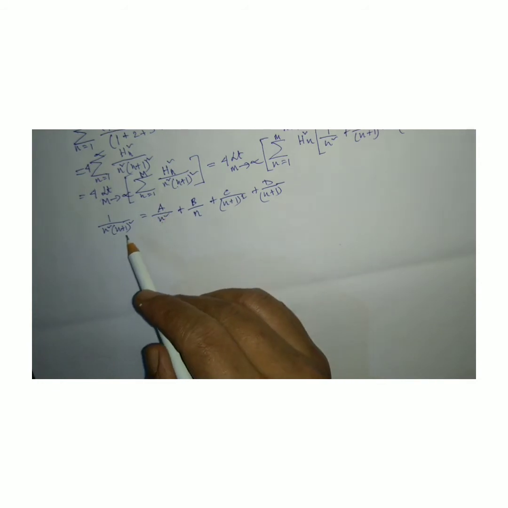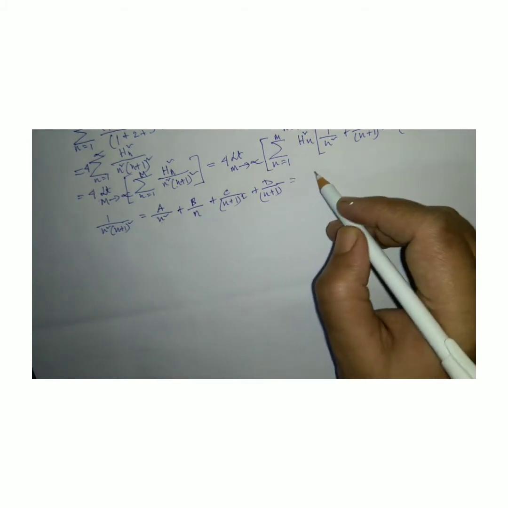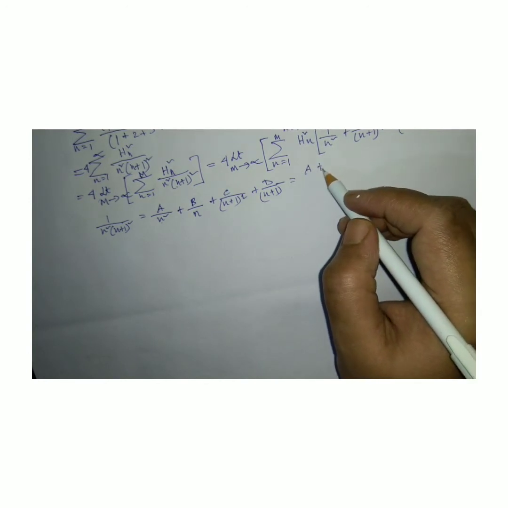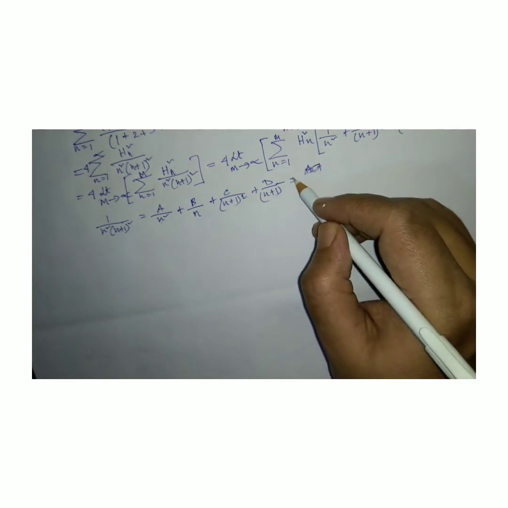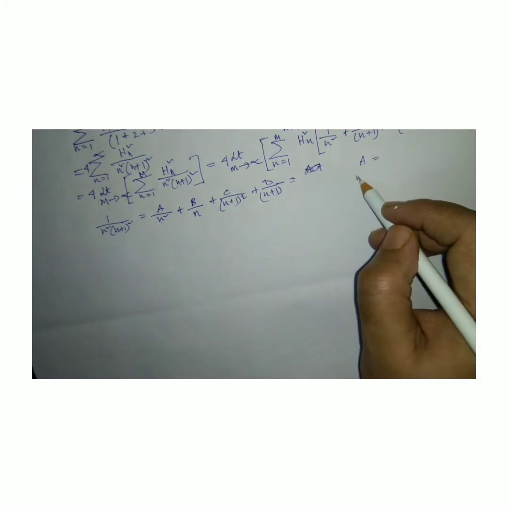How can I get the A value? A value means A into n equals 0.